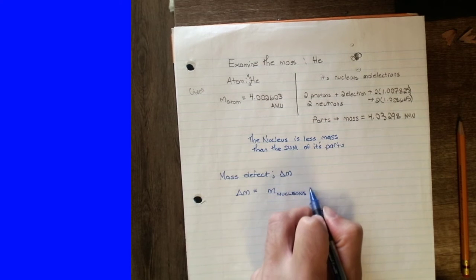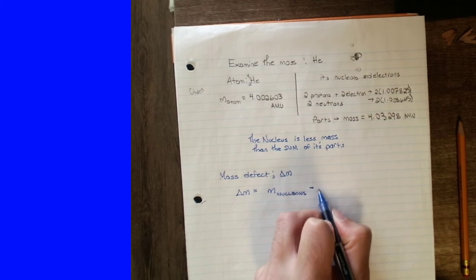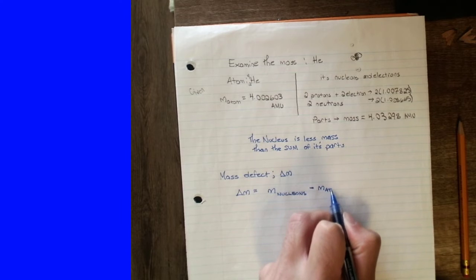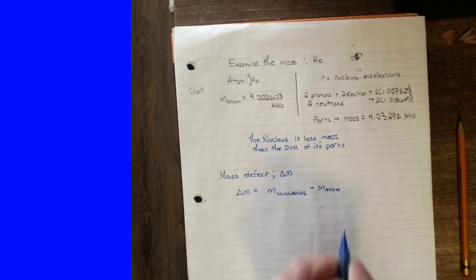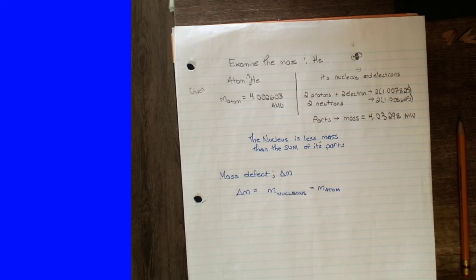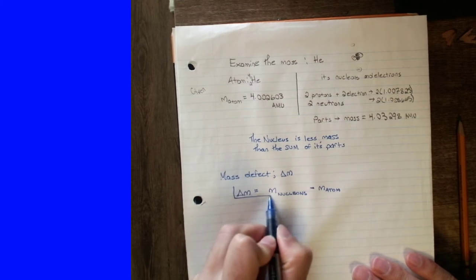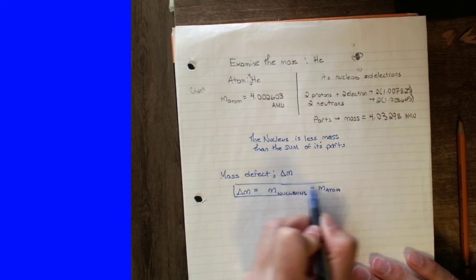If you take the mass of the nucleons and you subtract the mass of the atom, you get what's referred to as the mass defect. And so that's a very important equation.